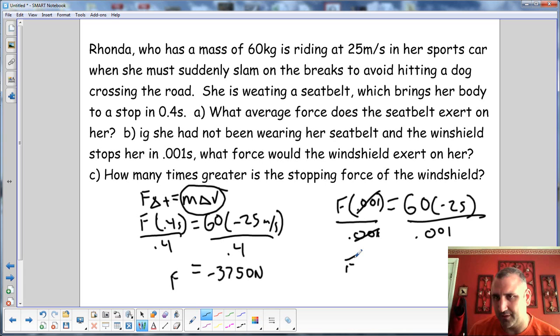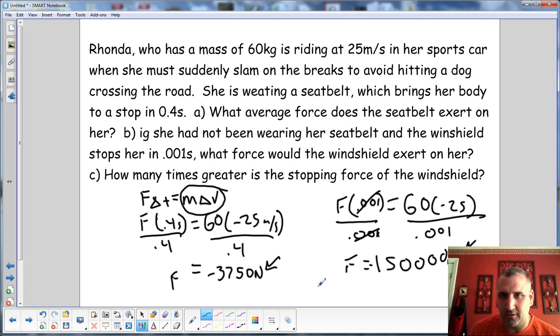You walk away, you're carried away. Seatbelts save lives. How many times greater is the stopping force? Well, you can divide that big negative number, 1.5 million newtons, divided by 3,750. It's 400 times greater. Ouch. That is painful.